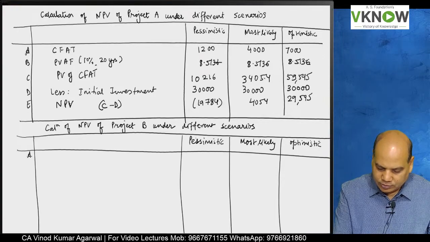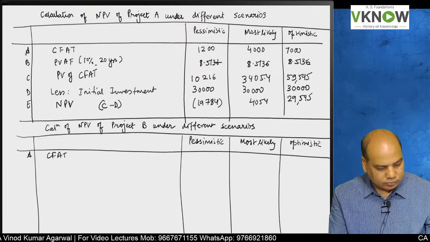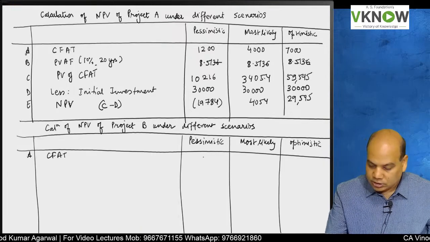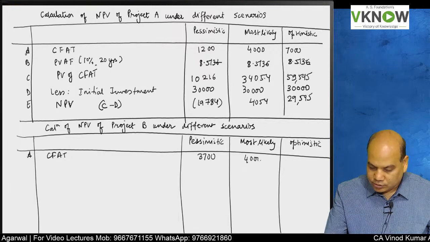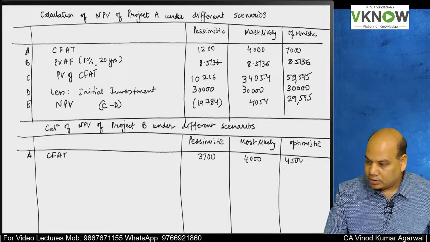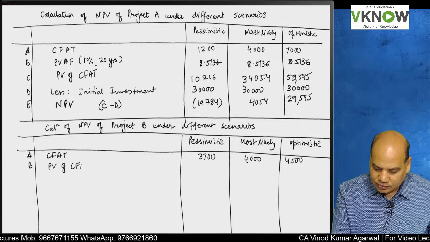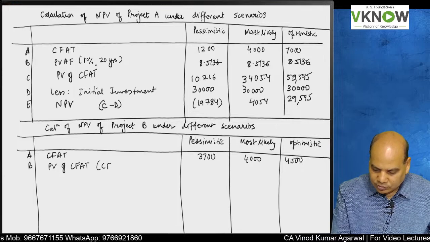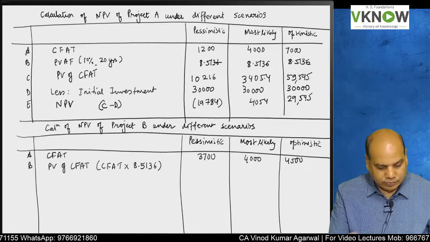First point A, CFAT. Here the answer is 3700, 4000, 4500. Point number B, PV of CFAT. CFAT into 8.5136.